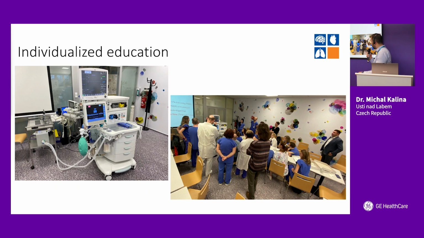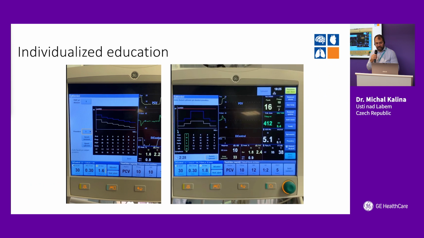Because we have the data that the recruitment maneuvers are the weakest point in our department, we made individualized education for all the physicians with hands-on workshops where they can try to perform automatic recruitment maneuvers, which were delivered by our anesthesia machines.